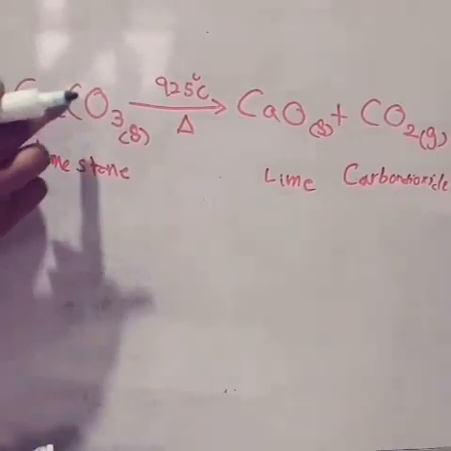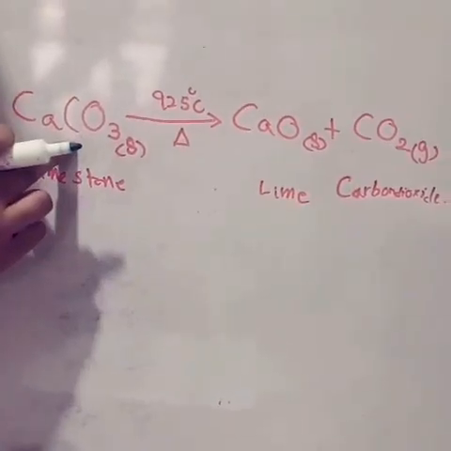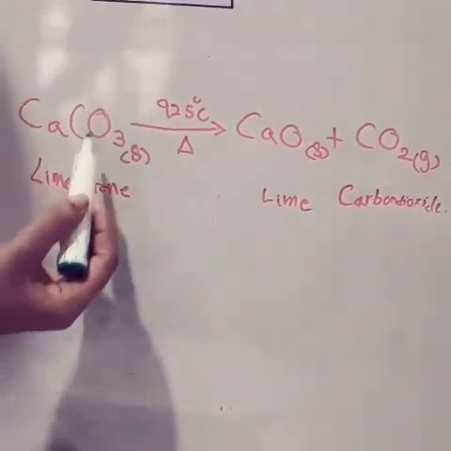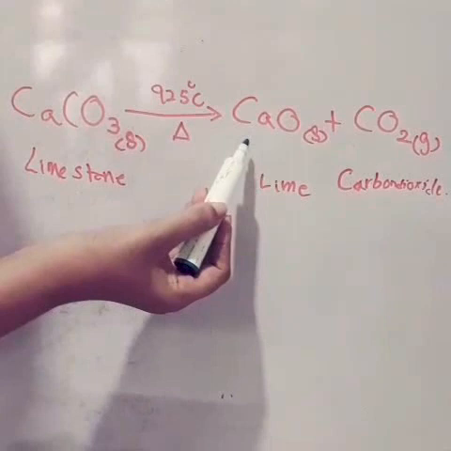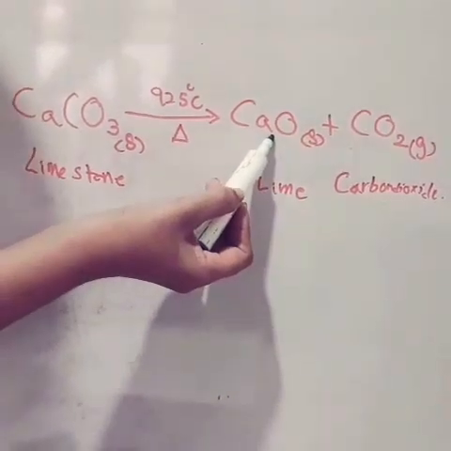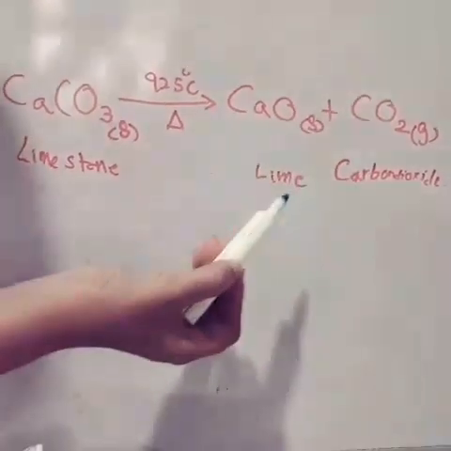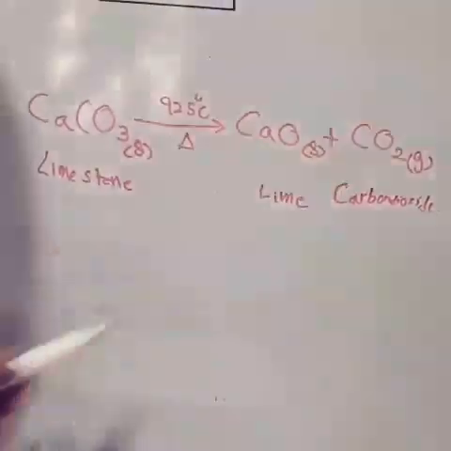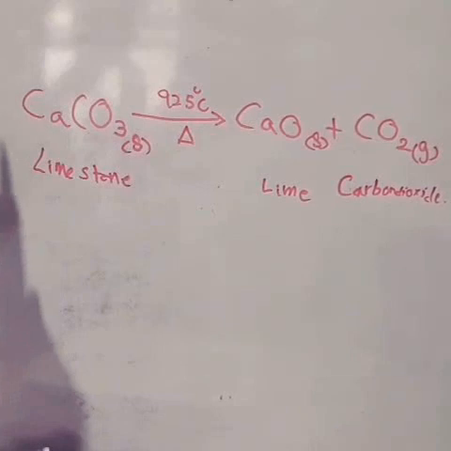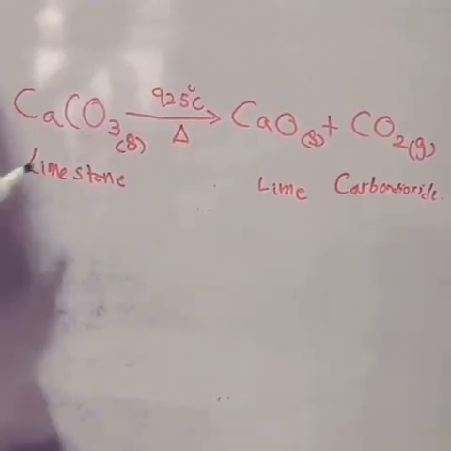Limestone means calcium carbonate. This is a very common equation. Calcium carbonate can be heated and it turns into calcium oxide, the normal lime powder, and carbon dioxide. This is an example of a decomposition reaction.